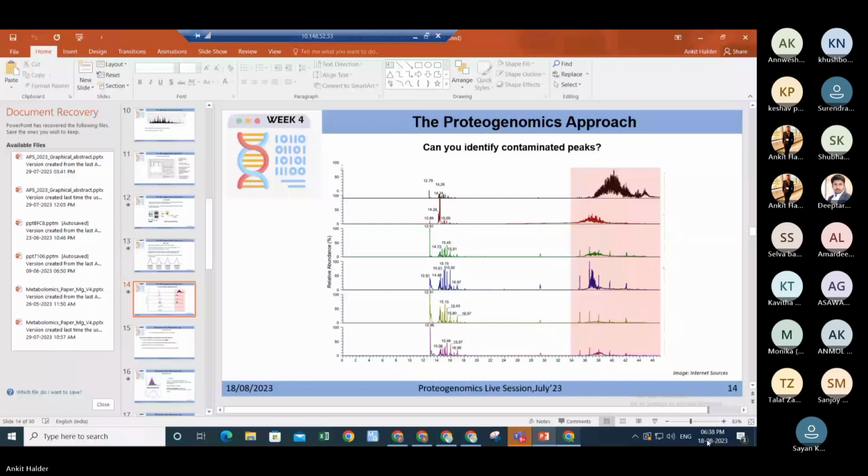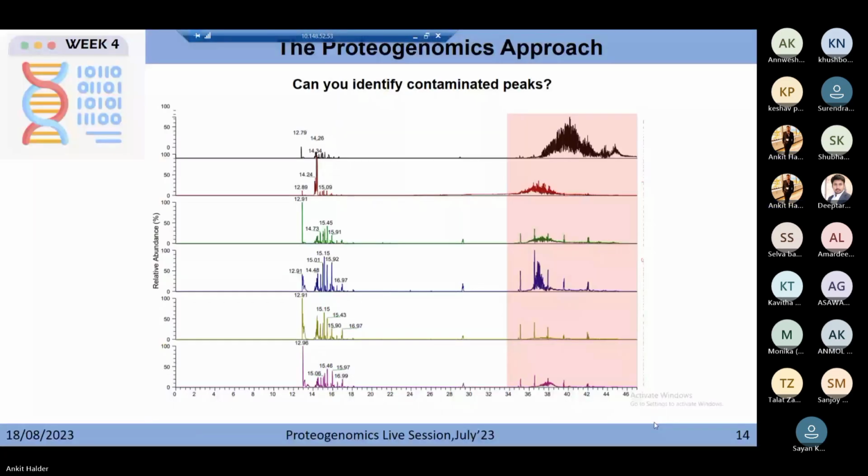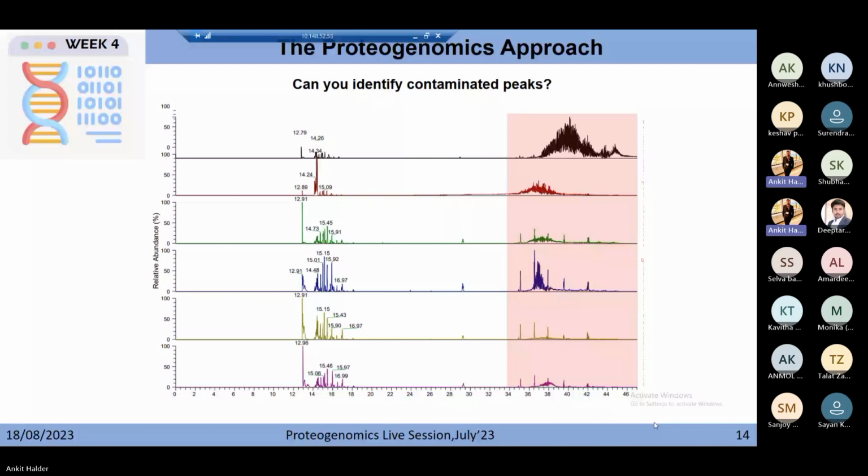Someone has written in the chat to repeat that. As we have seen in our gradient, there should not be any elution in this zone, as most of our peptides should have eluted before that.